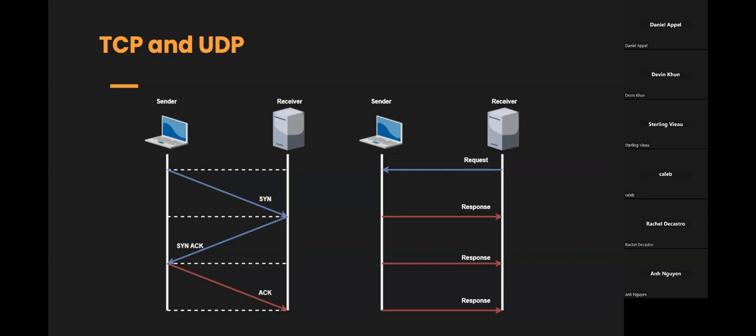So there's now an established network connection between the two. Versus UDP, where the receiver sends a message to the sender saying, hey, I want you to start sending me this data, and the sender just responds with all the data. And the receiver just gets it and uses it to the best of its ability.